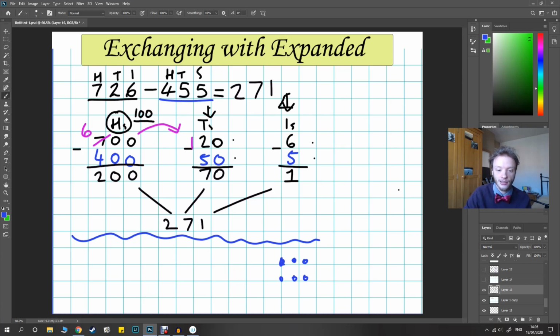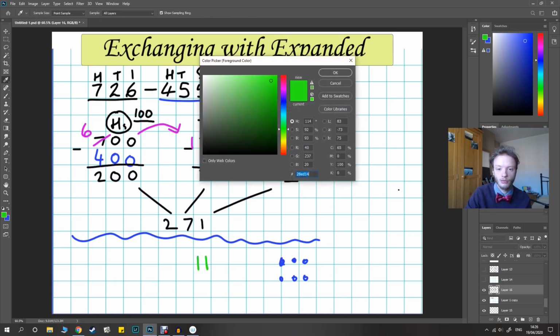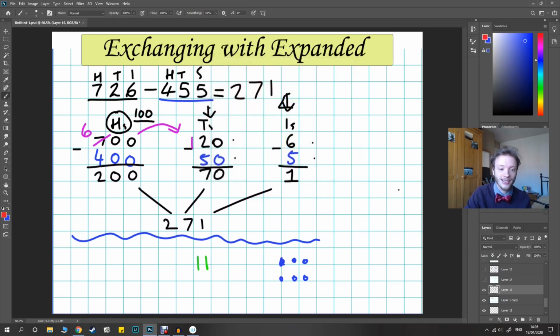For the tens, I had 20, so that's 2 tens. And with the hundreds, let's make those red. I've got 700 to start with, so that'd be 1, 2, 3, 4, 5, 6, 7. Cool.